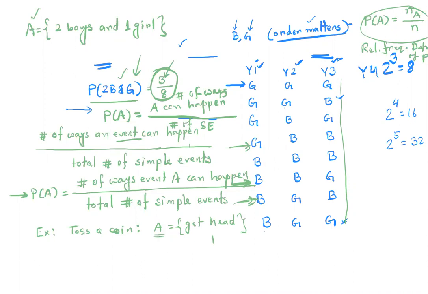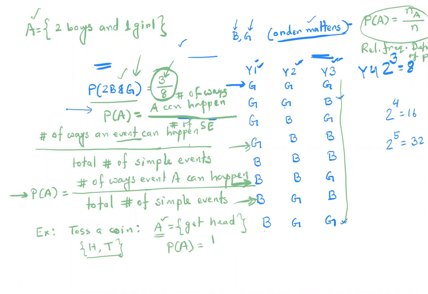Just one way, isn't it? If you toss a coin, what is your sample space? You either get a head or a tail. How many simple events are there? 2.